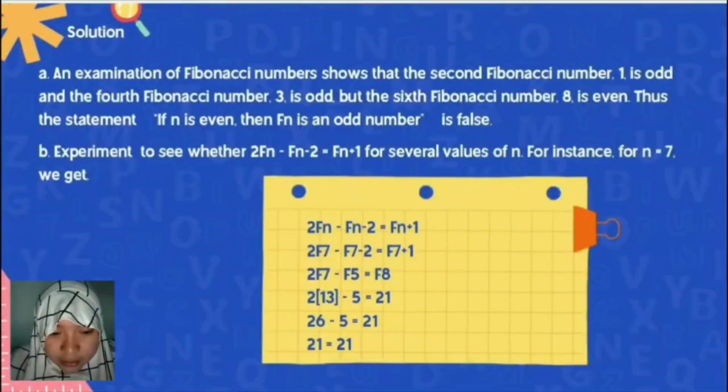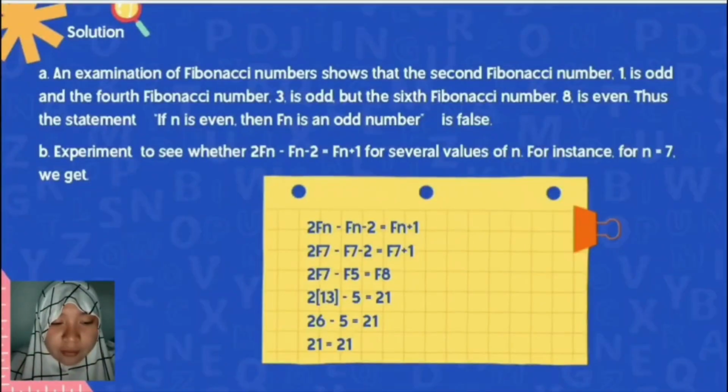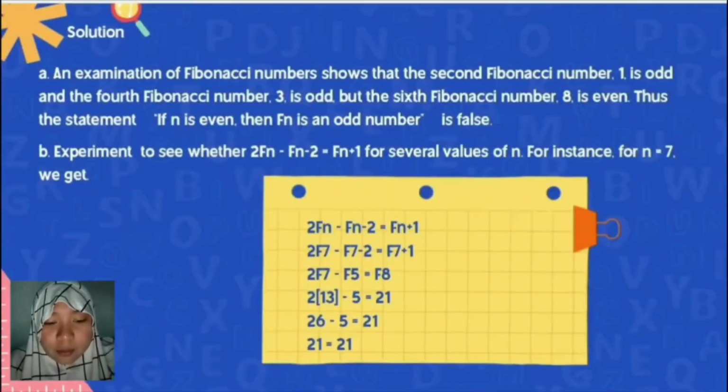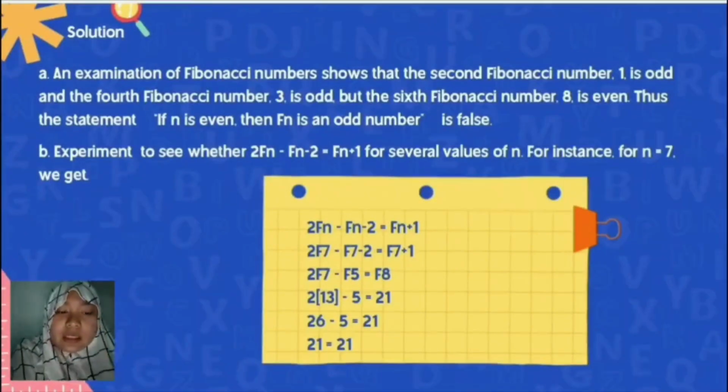We find that in each case, 2fn minus 2 equals to fn plus 1. Thus, by inductive reasoning, we conjecture 2fn minus 2 equals to fn plus 1 for n greater than 3 is a true statement. So, mas totoo po ito kaysa sa isa.